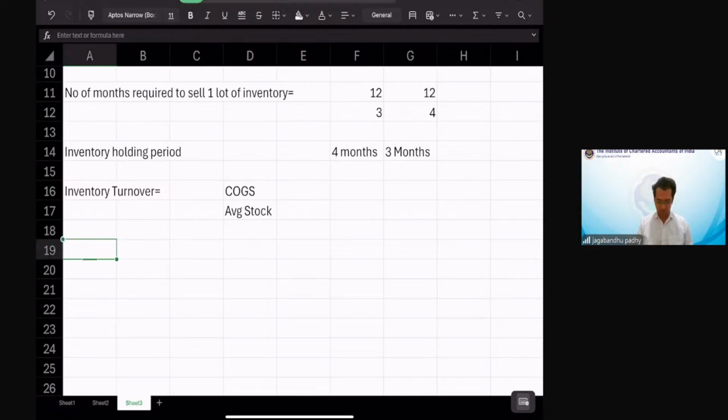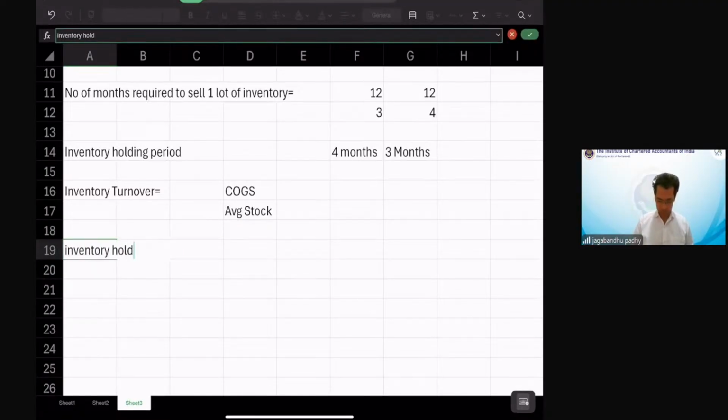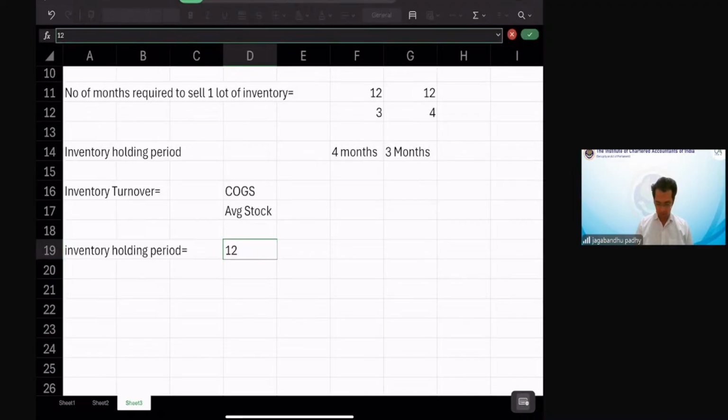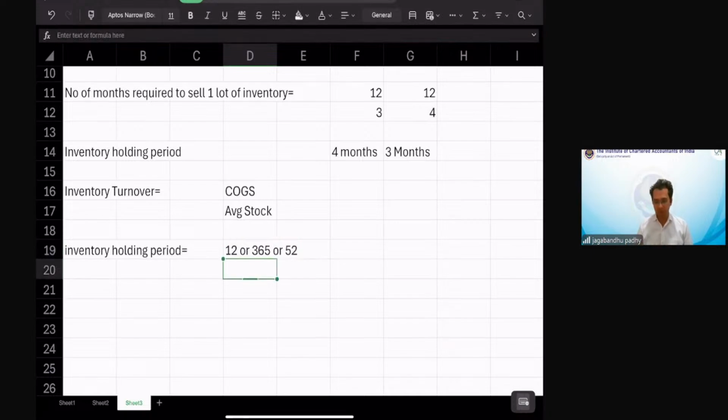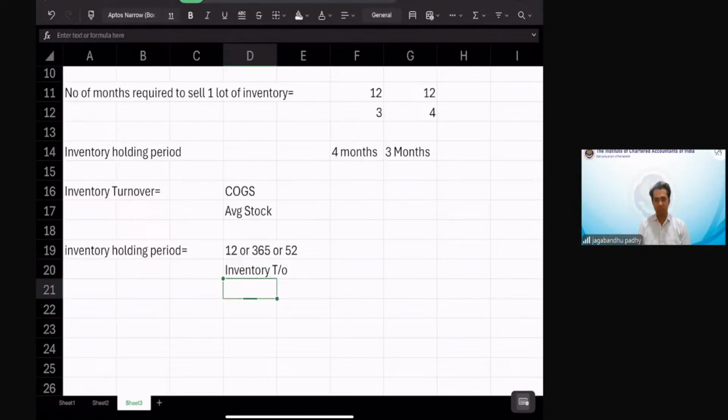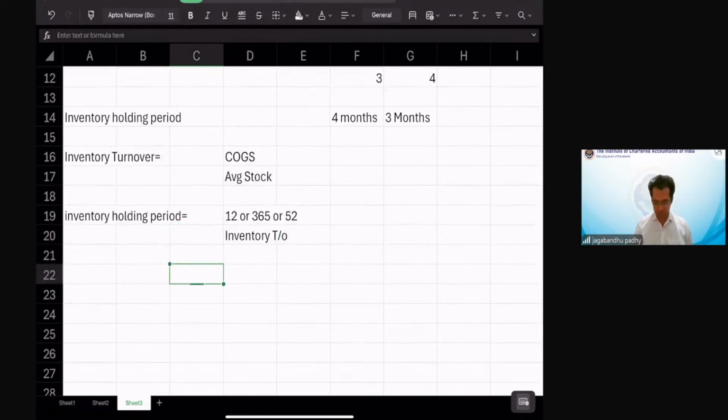And what can be the formula for inventory holding period? Inventory holding period will be 12 or 365 or 52, depending on whether it is months, weeks, or days, divided by inventory turnover. You can just rearrange it a bit.